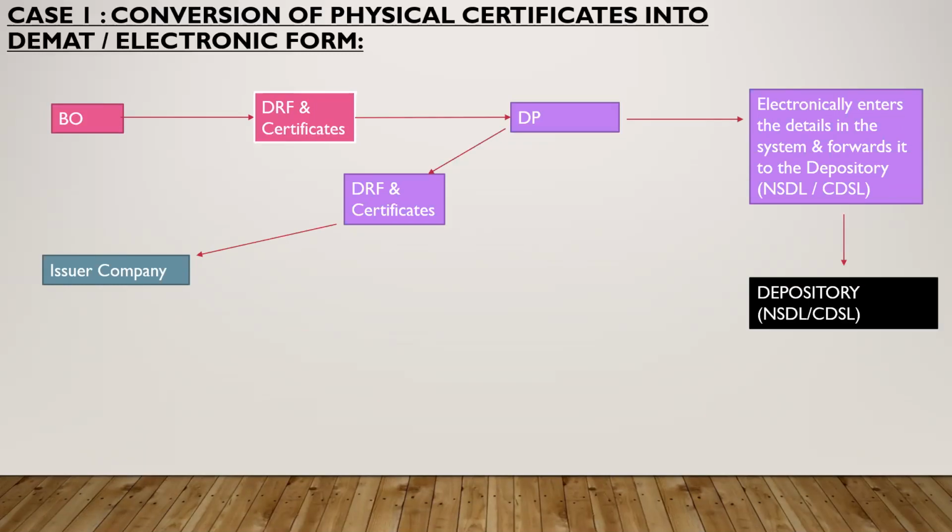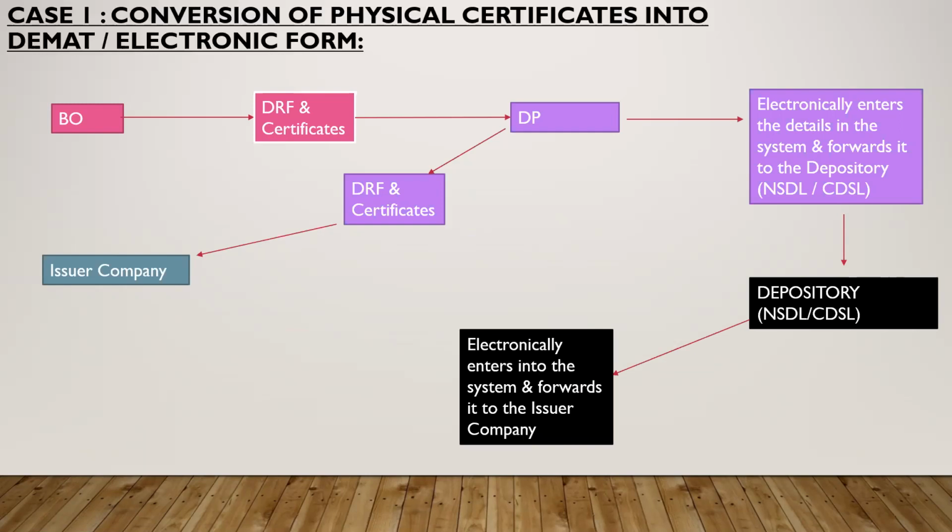Next, what happens is, after the depository receives all the details from the DP, the depository will also feed electronically all the entries into their system and then forward the same entries, same copy to the issuer company. So up till now the procedure clear class?